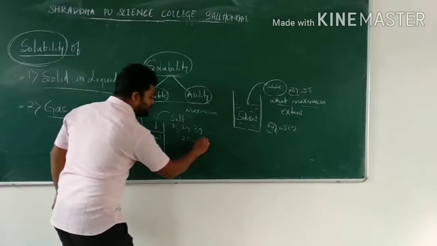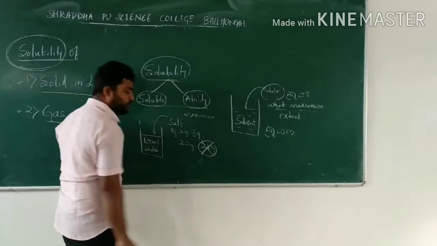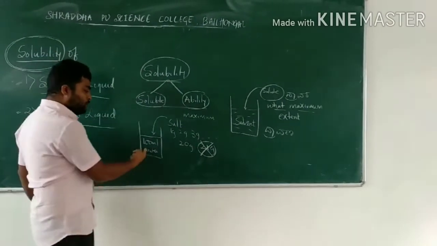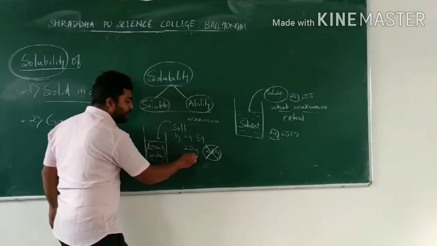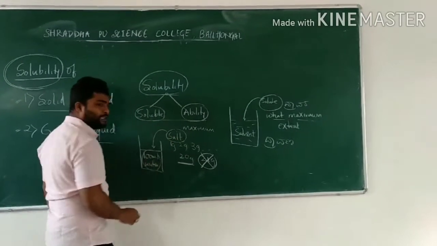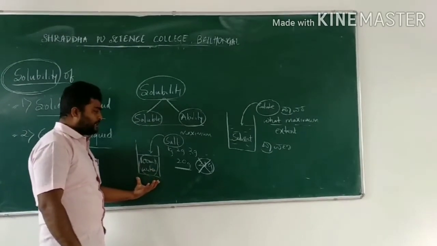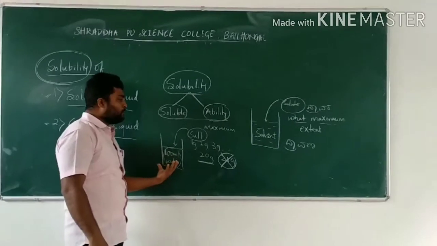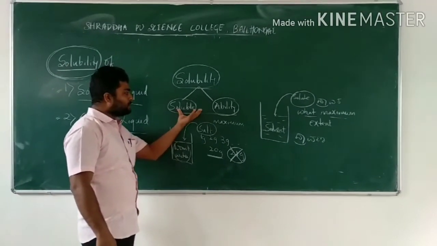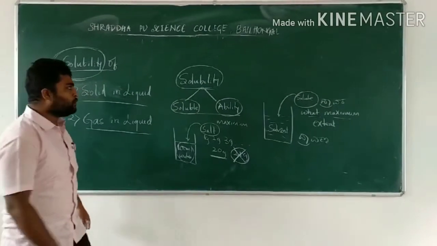Then once you add more, that is 21 grams, it will not be soluble. So the solubility in 100 ml of water is how much? It is 20 grams of salt. That means the maximum value a component is soluble in another component, that ability is called solubility.